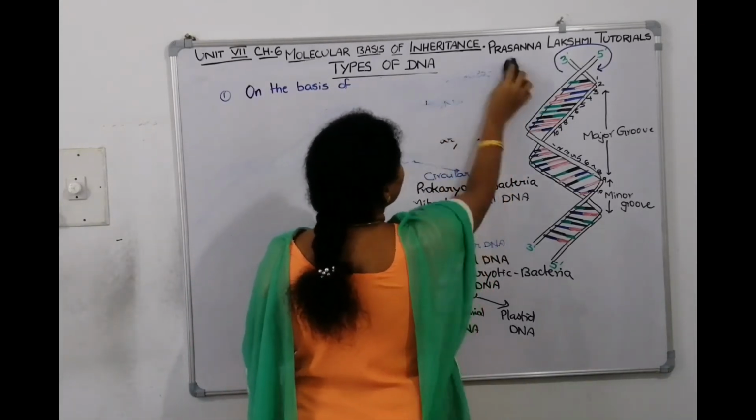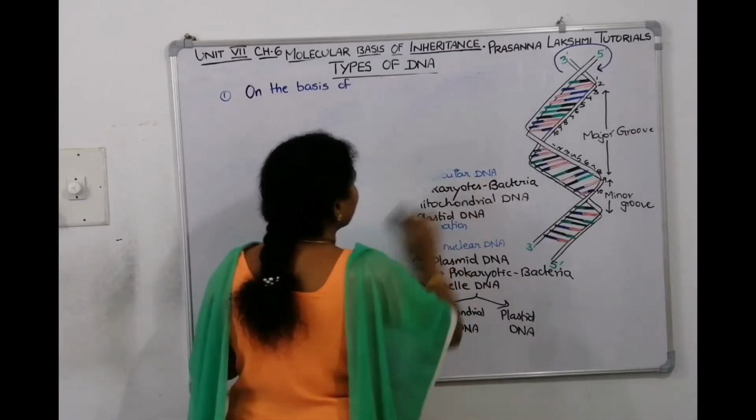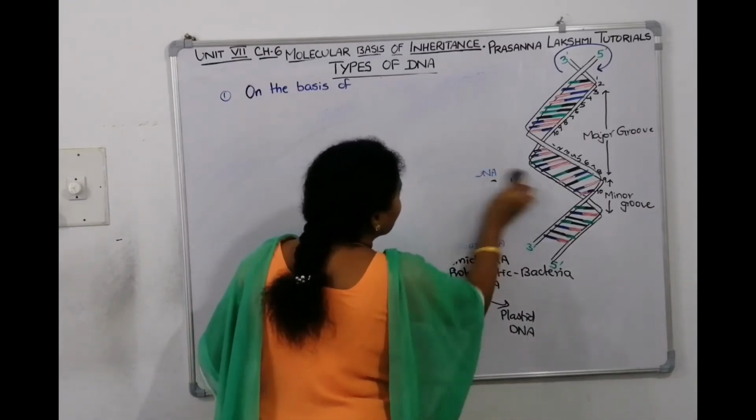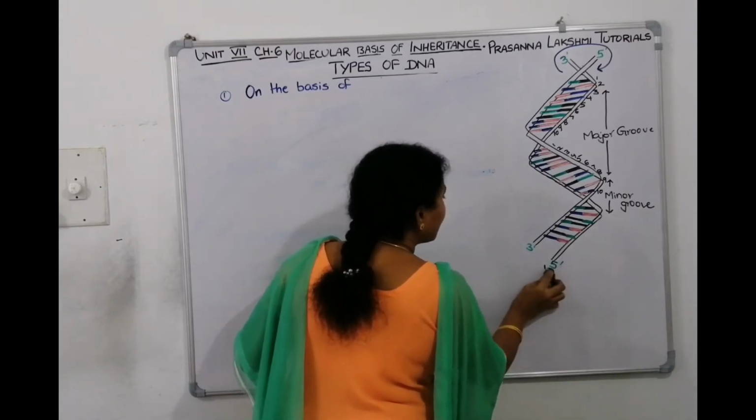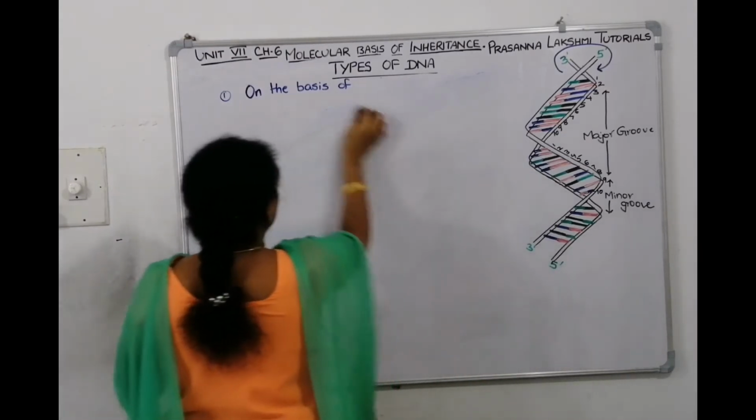And the picture you are seeing here, which was proposed by Watson and Crick, is B DNA because it is a stable form of DNA. Along with B, for the other forms of DNA, scientists have used alphabets.